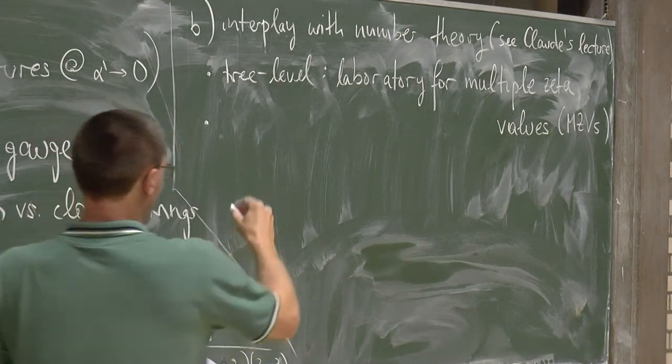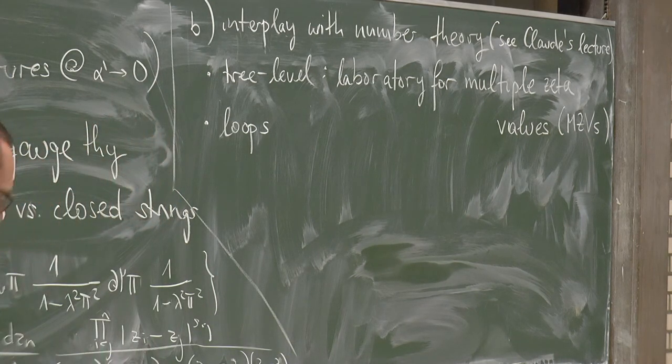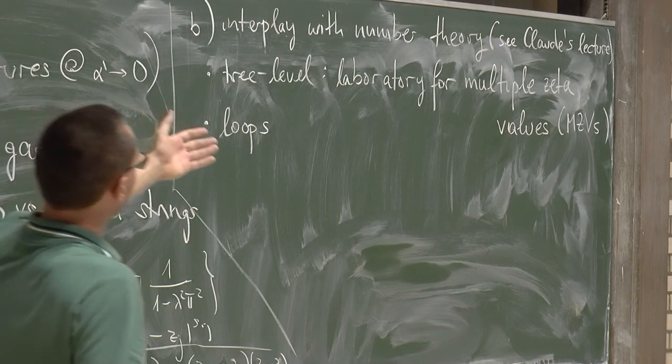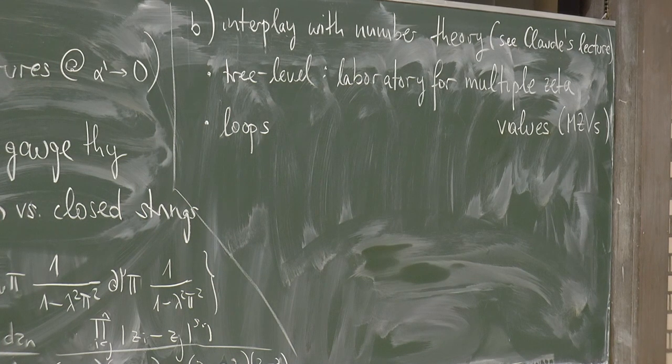And this number theory direction may be even more exciting at the loop level. By studying the typical integrands for the moduli spaces of Riemann surfaces, you are very, very close to the definition of polylogarithms. I mean, here these dlog z forms, where are they? Unfortunately, they are wiped out.